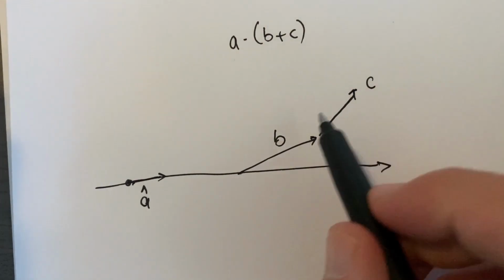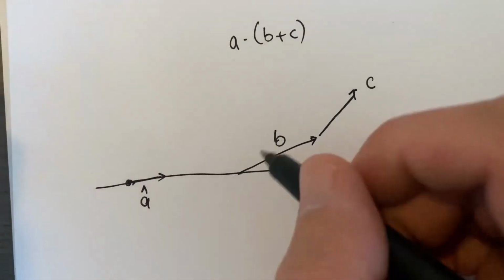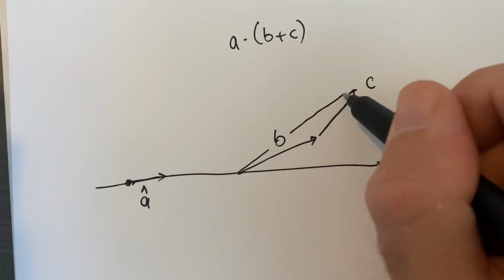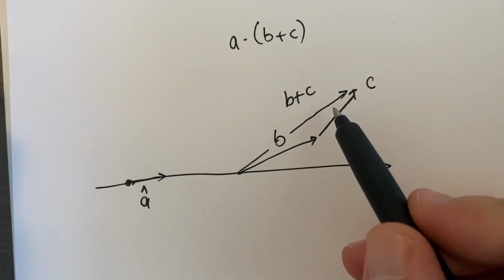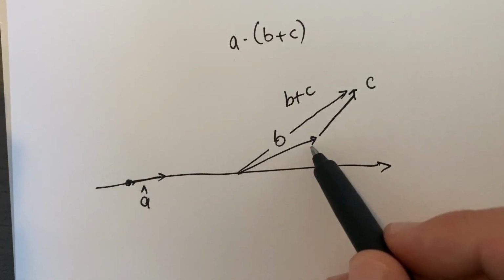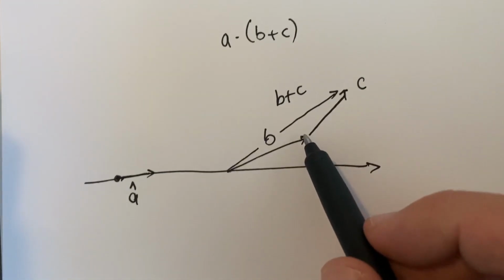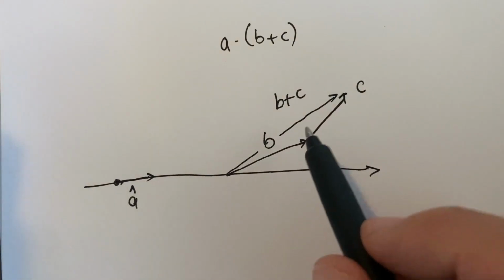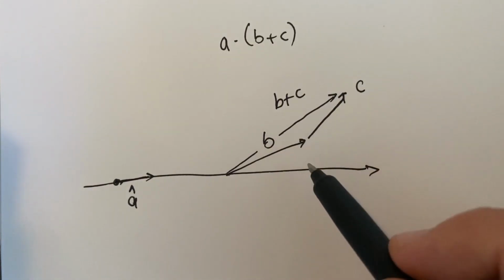I'm drawing them like this because usually the sum of two vectors is going to be this. If you connect them, this is going to be b plus c. I'm not going to explain this because I consider it the basis of vector algebra, that you know that this and this is their sum. If you don't know this, then I definitely advise you to read up about it, but it's simple.